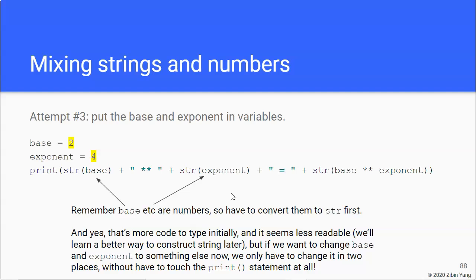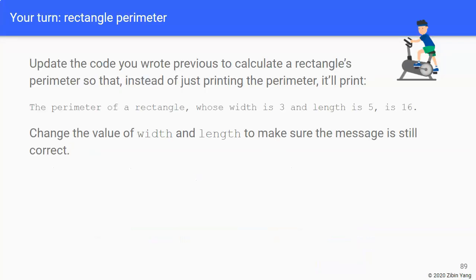All right, so with that out of the way, I think it's time for you to do another exercise. So remember what we did previously, the example of having a width and a length of a rectangle and calculating the perimeter of a rectangle.